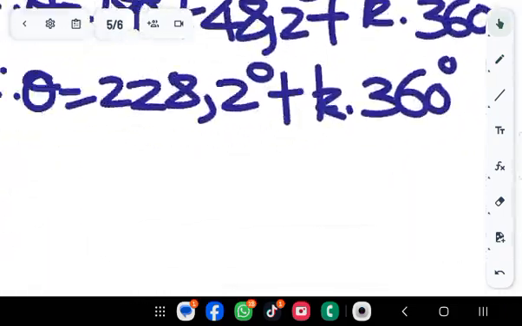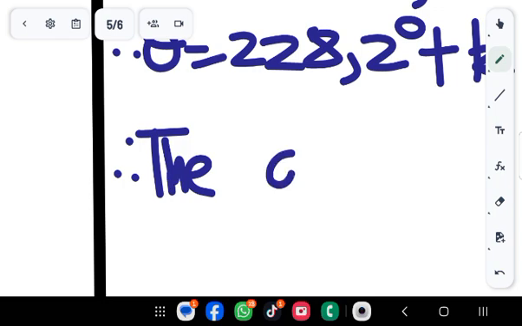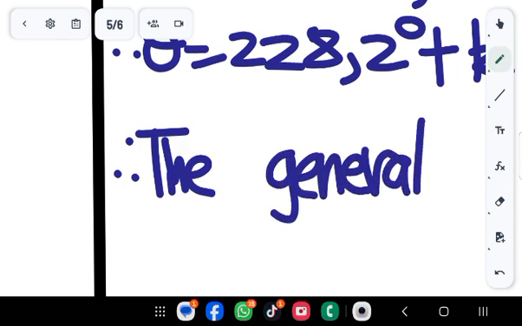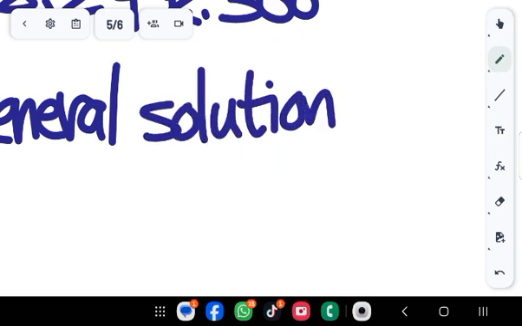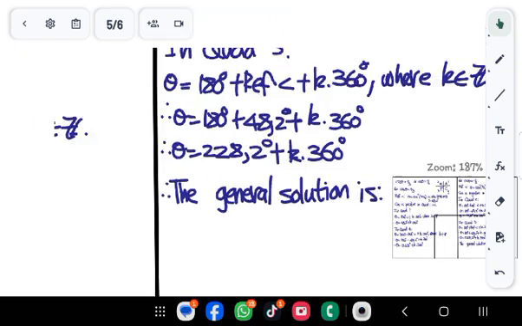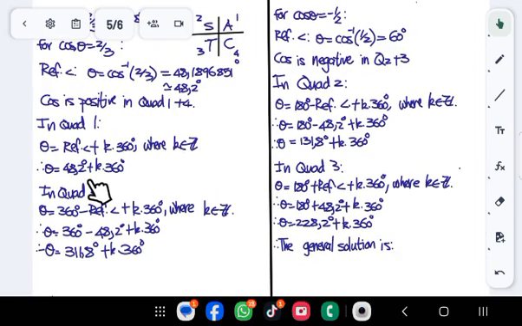Now, therefore, the general solution is, we combine all of these. Let's start with the smallest. The first one was 48.2, the second one is 131.8, the third one is 228.2, and the last one is 311.8.